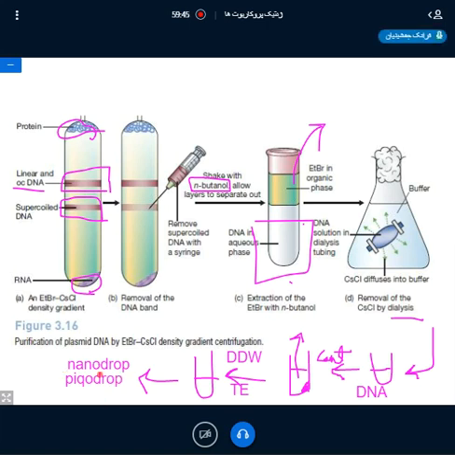So these are the two different instruments for detecting the DNA or determining the DNA qualification.